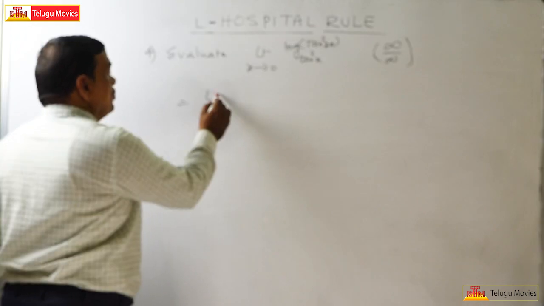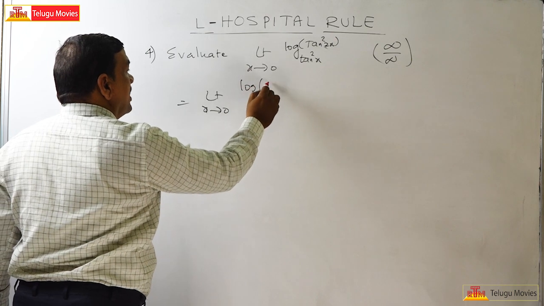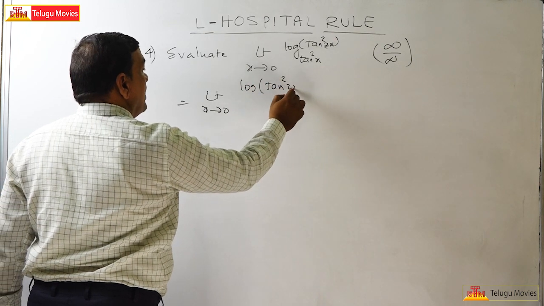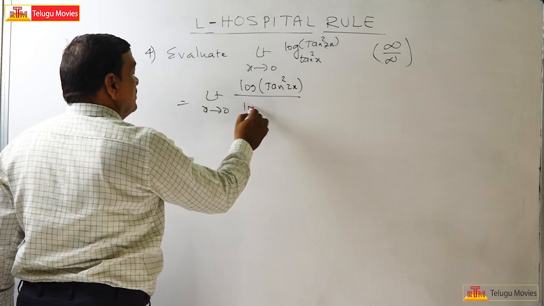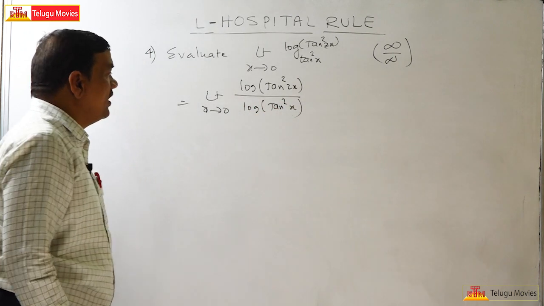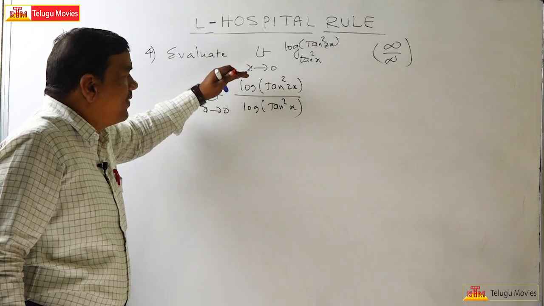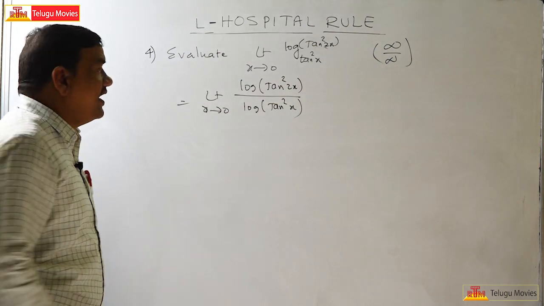So this is equal to the limit as x tends to 0 of log of tan square 2x divided by log of tan square x. Now let us apply the L'Hopital rule, that means find the derivative of both numerator and denominator.